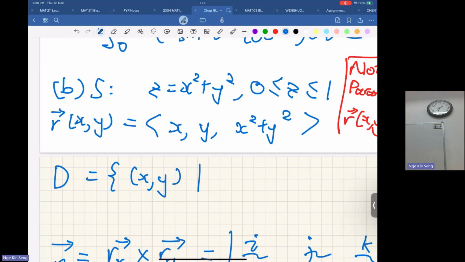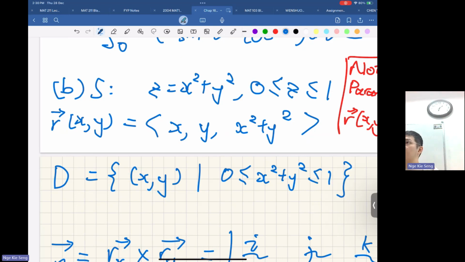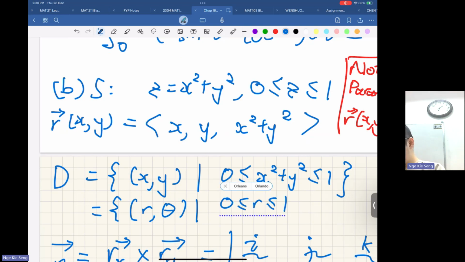So x squared plus y squared is bounded between 0 and 1. But what is this? This is a disk. I can do a change of variable to make it easier to integrate later. So this is a polar rectangle with radius 0 to 1 and theta from 0 to 2 pi.